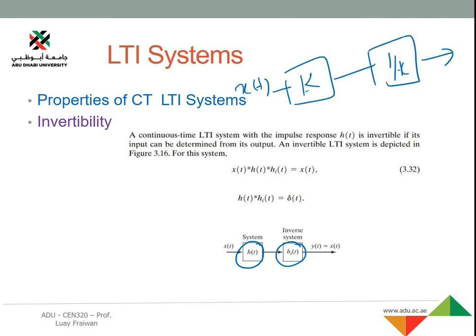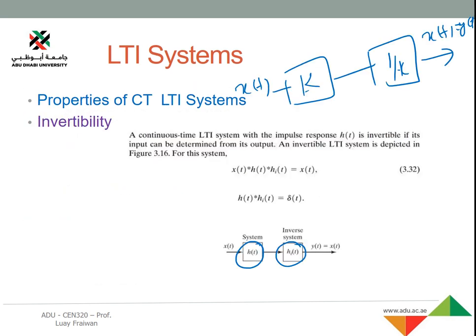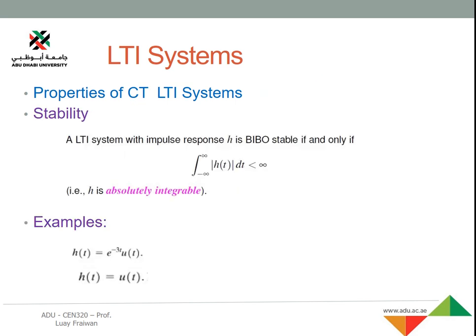In the final case this will cancel out, and our output will be the input. So if we can obtain the input from the output, our system is invertible. Or if you supply two different inputs and you get distinct outputs, our system is invertible. So this is the basic property of the LTI system in terms of the impulse response.